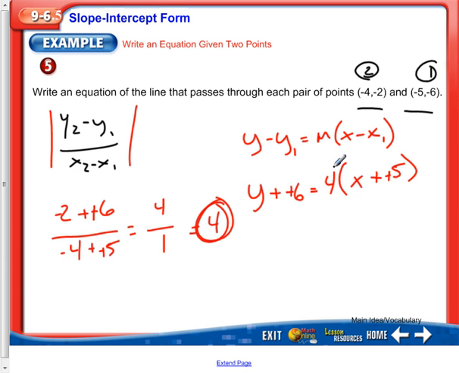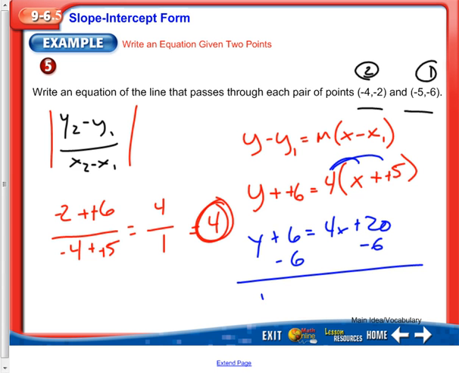Now I need to do some distribution: y plus 6 equals 4x plus 20. Let's subtract 6 from both sides to get y equals 4x plus 14.